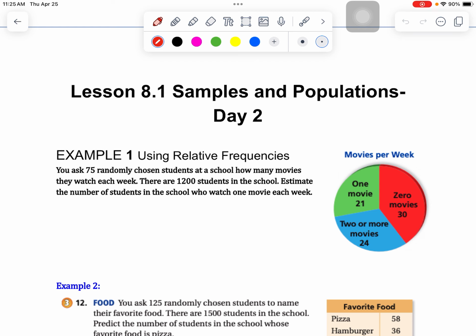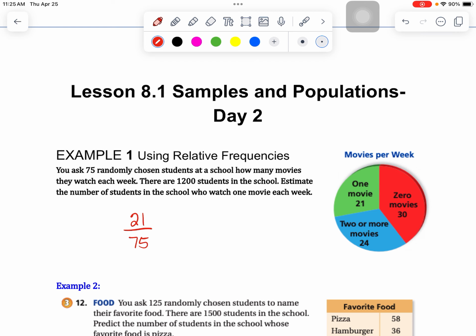So if I'm looking at the chart on the right, I can see that 21 students surveyed watched one movie a week. So 21 out of 75 students. On top is the result from the sample, and the bottom number is the total, right?